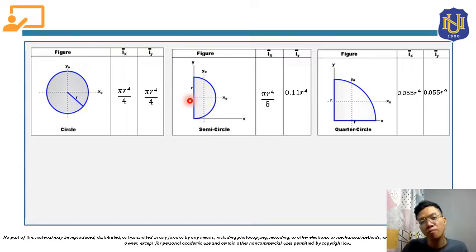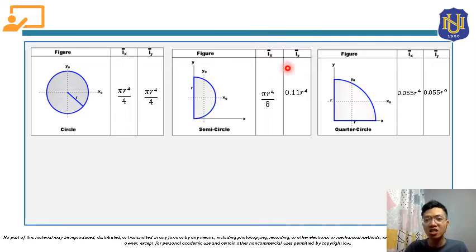If you measure the x centroidal moment of inertia, it will be measured from this axis, and it will be pi r to the fourth over 8. Now for the y centroidal moment of inertia, of course, it will be different because this is not a circle. It will be different if we measure the moment of inertia from the y centroidal axis. So it will be 0.11 r to the fourth.